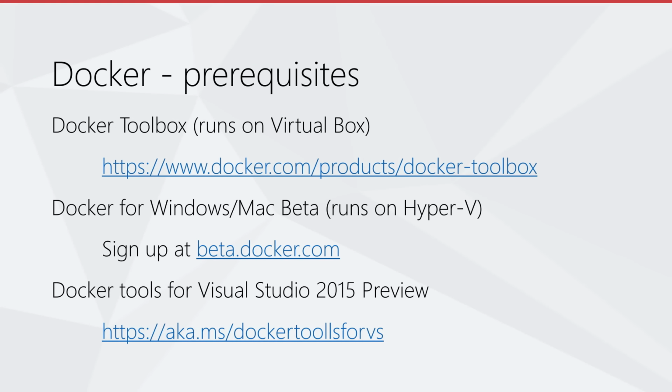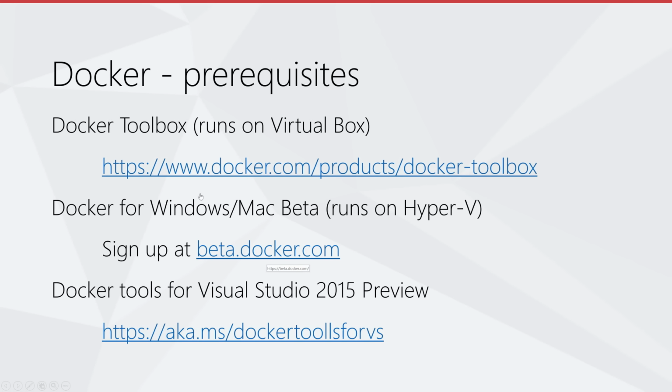So what do you need to start working with Docker containers and ASP.NET Core apps? Some prerequisites: you have to have Docker Toolbox that runs on VirtualBox. If you don't like VirtualBox, because it comes with Java or whatever it comes with, you can run that on Hyper-V, but you have to sign up for the beta.